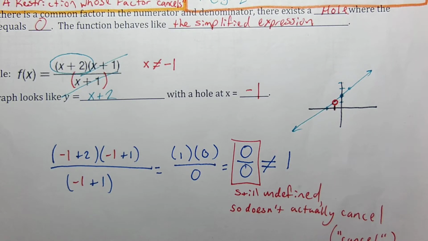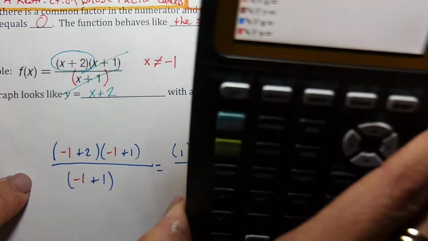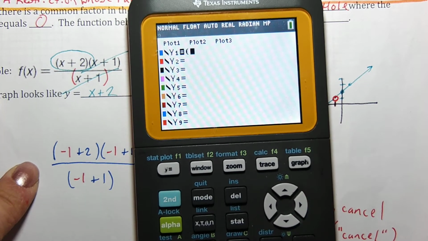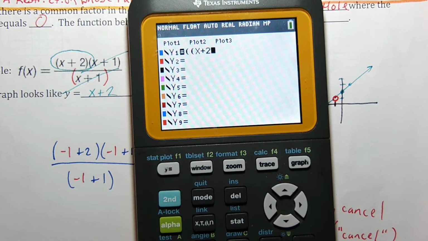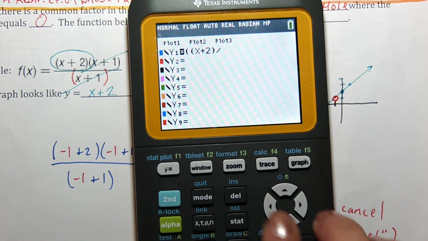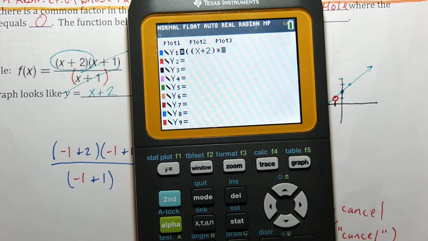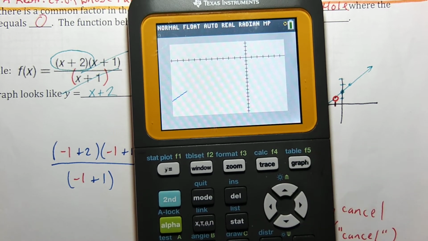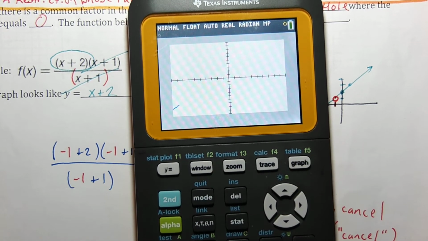Now here's where I want to show you the limitations of your calculator. If I type that original equation in, x plus 2 times x plus 1, all divided by x plus 1. Let's change my zoom.